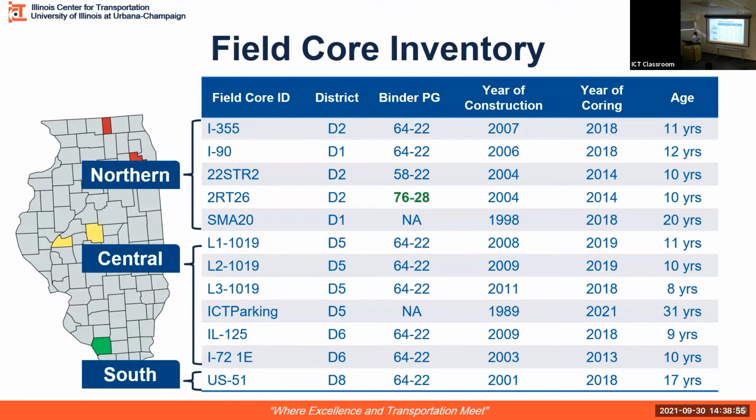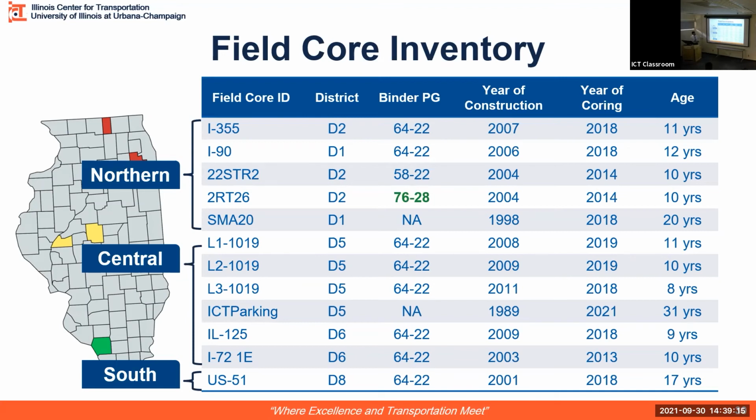This is the list of field cores which were collected from different parts of Illinois, northern part, central part. We got one from the southern part, but not many. Most of them were concentrated around the northern region. You can see 31 years right outside ICT.